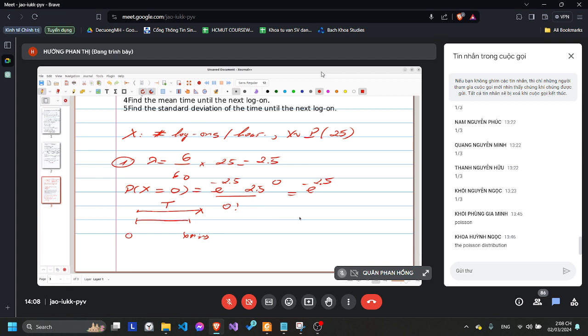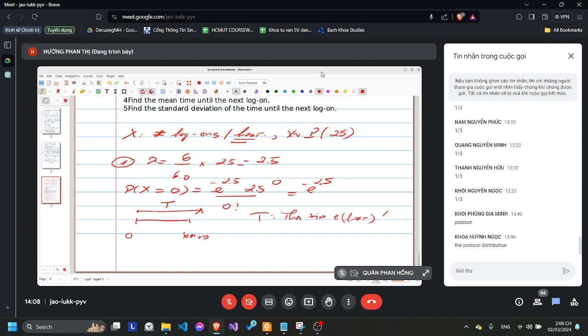This is T. We denote T as the interval time in the unit of hour, because at the beginning we are given the unit of hour.